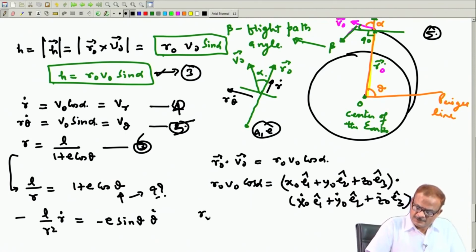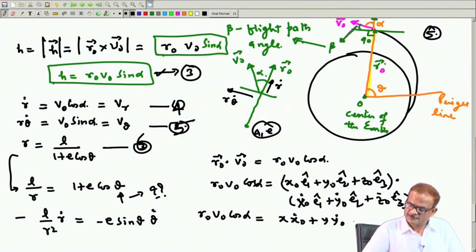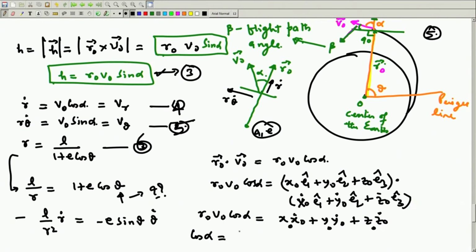So, R 0 V 0 cos alpha becomes x 0 x dot 0 plus y 0 y dot 0 plus z 0 z dot 0, and therefore cos alpha is x 0 x dot 0 plus y 0 y dot 0 plus z 0 z dot 0 divided by R 0 V 0. Okay.